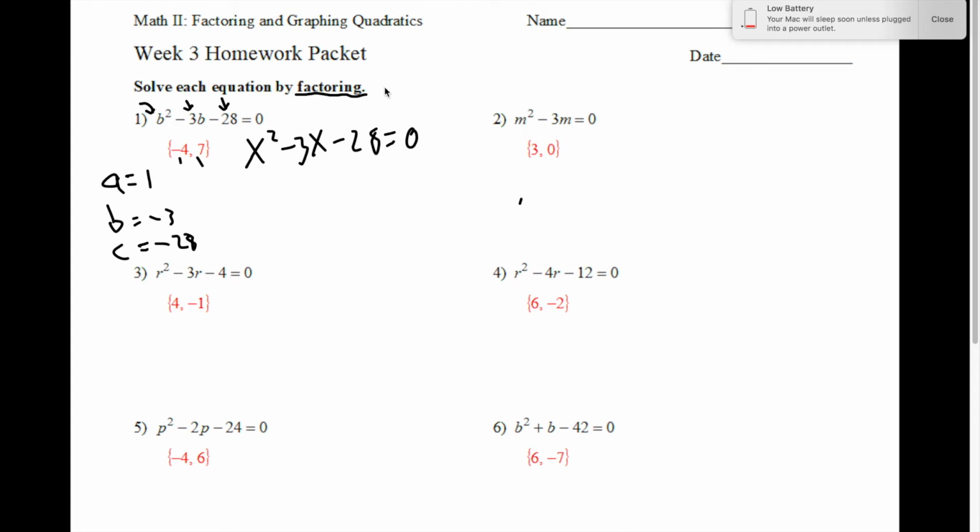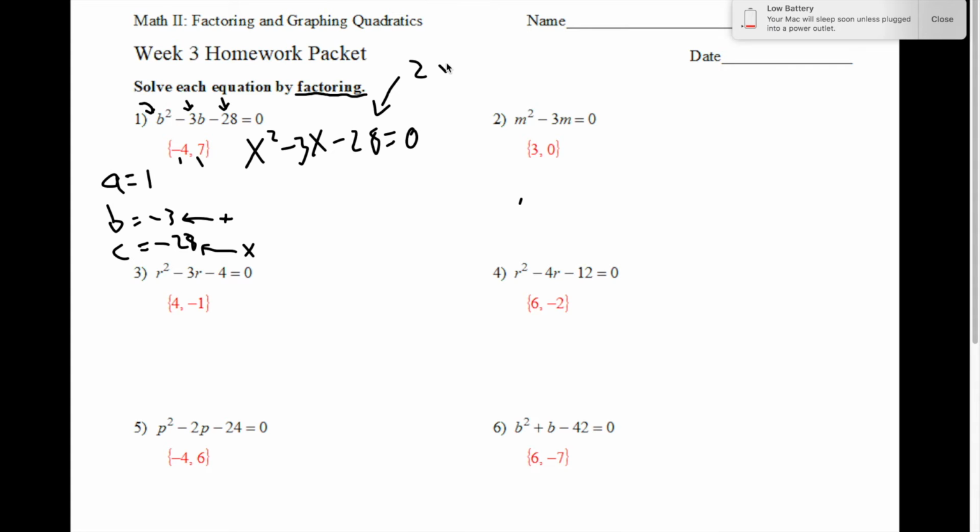All right, so we can do this by factoring. At the beginning of the assignment, you'll see you can do this by factoring. That means that our factors need to multiply up to our c value, but they need to add to our b value. So for b, which is negative 3, the two factors need to add to that. The two factors need to multiply to get 28. That's not very many options.